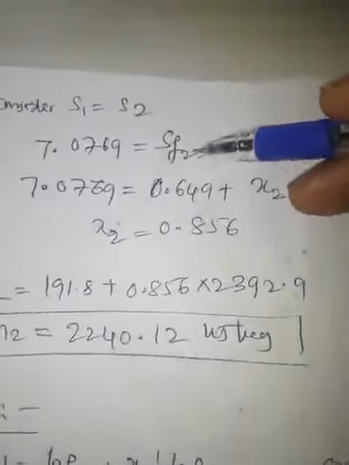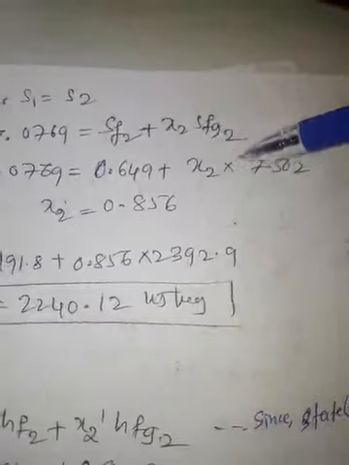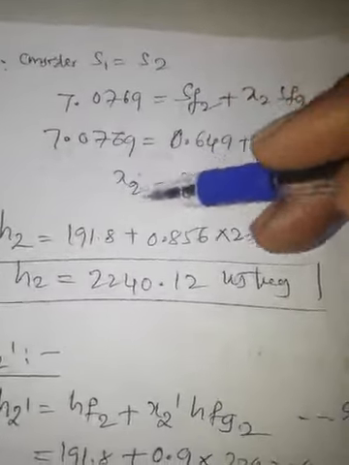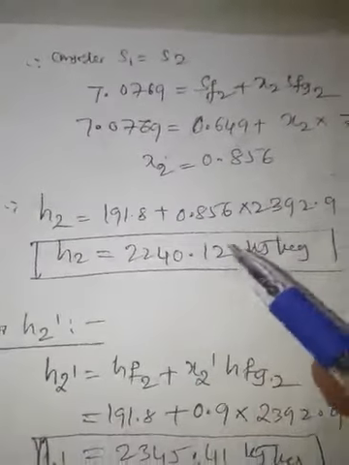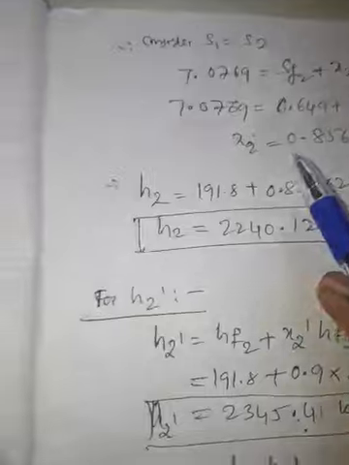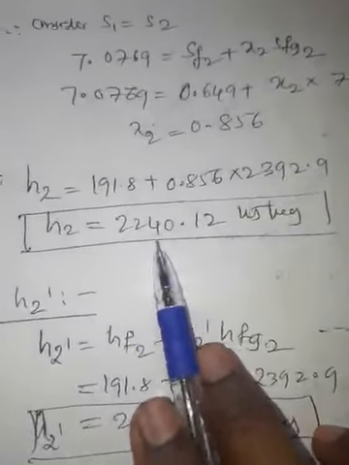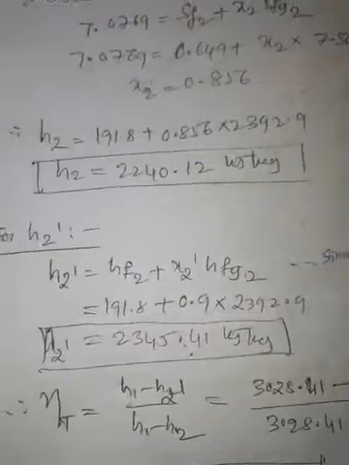SF2 I am substituting from the steam table, X2 I am keeping as it is, and SFG2 is the property from the table. So I am able to calculate the dryness fraction at state 2, X2. Now I substitute this X2 in the H2 formula and calculate H2 as 2240.12 kilojoule per kg.